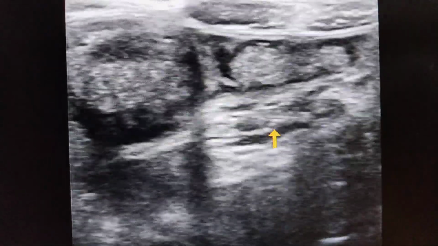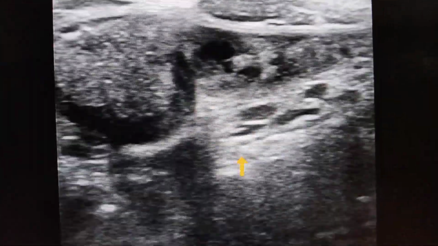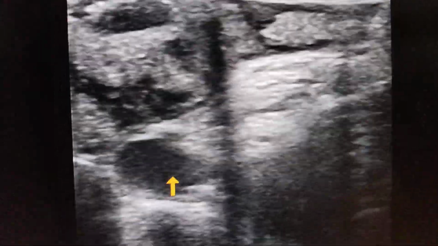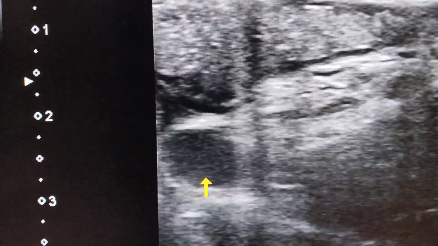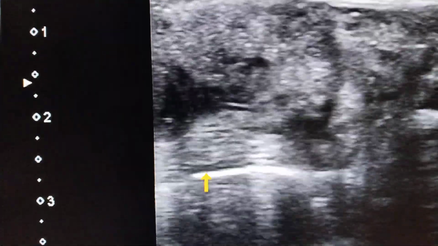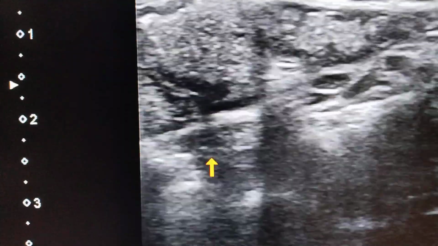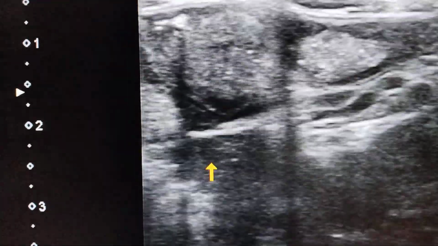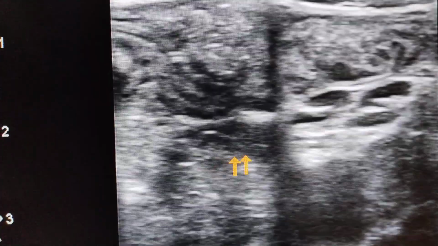So I am going to drag the probe downward. Here we can appreciate this lymph node which is enlarged. So lymphadenopathy is also present.